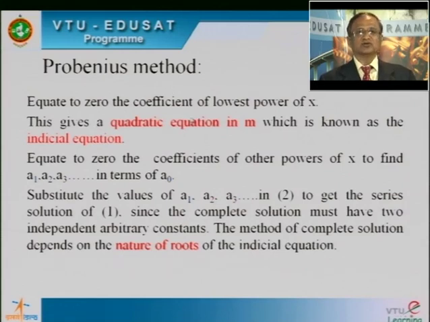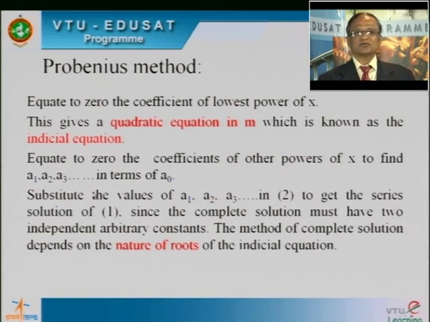First I collect the lowest power of x and equate it to 0. This gives a quadratic equation in m, which is known as the indicial equation. Then we equate to 0 the coefficients of other powers of x to find a1, a2, a3 and so on, as we discussed in the last period.